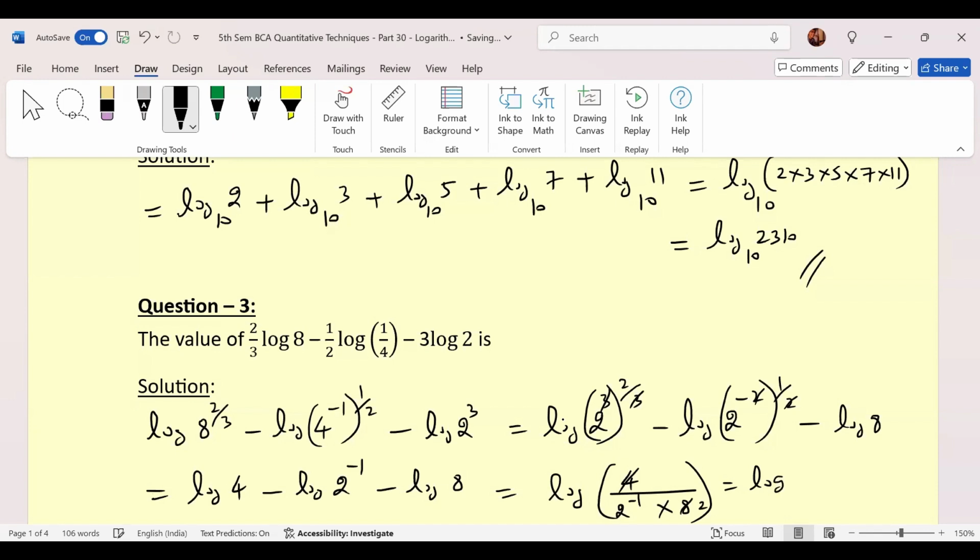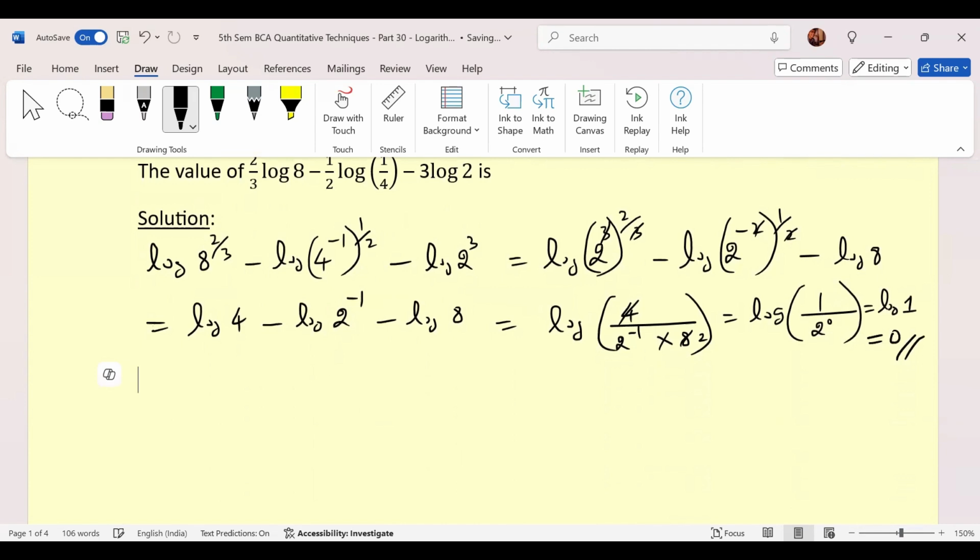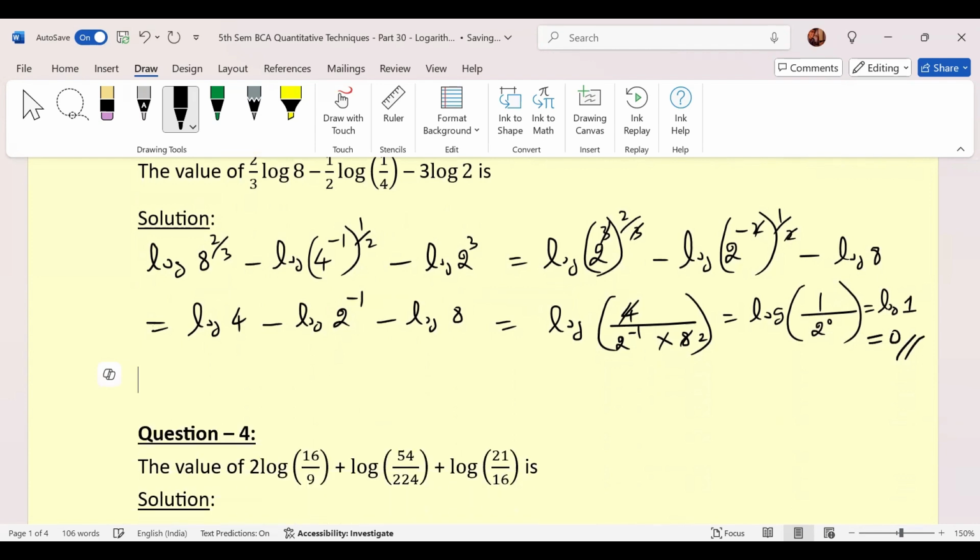Which means this is logarithm of 1 divided by 2 power minus 1 into 2 power 1, which is nothing but 2 power 0. So this becomes log 1. Log 1 is 0. So that is the solution for it. Now let us move on to the next question, the fourth one.